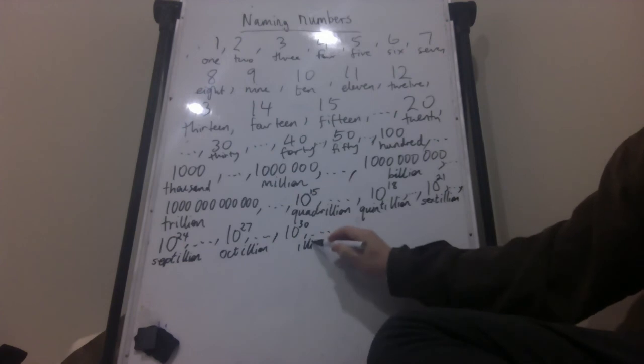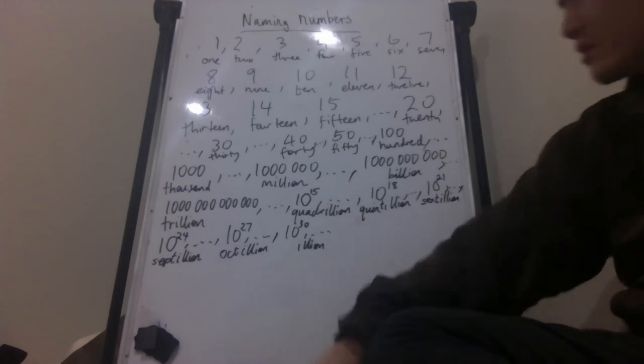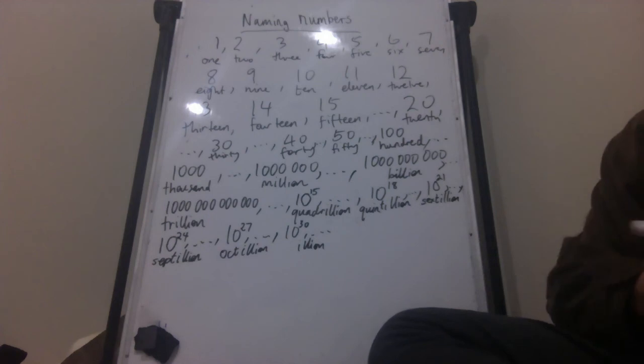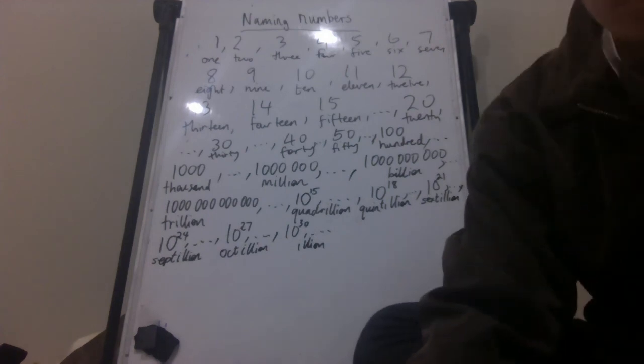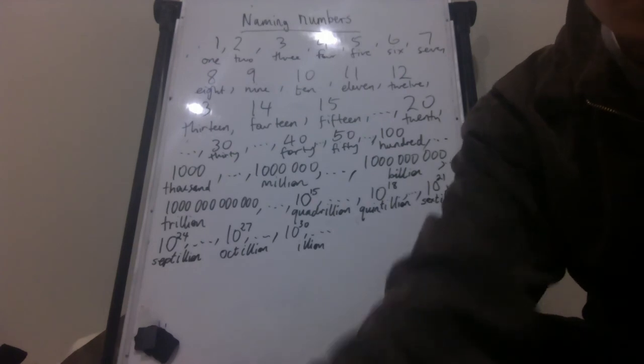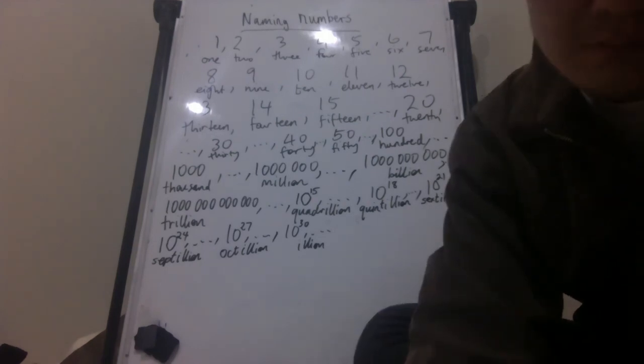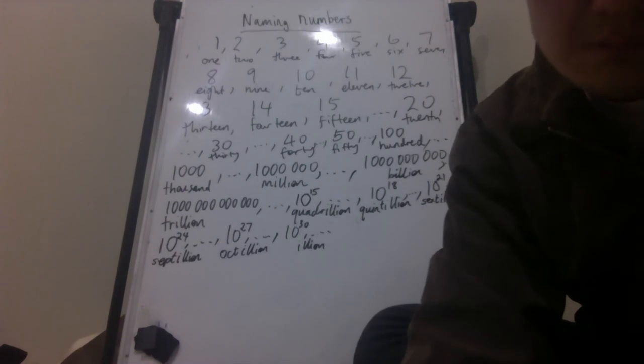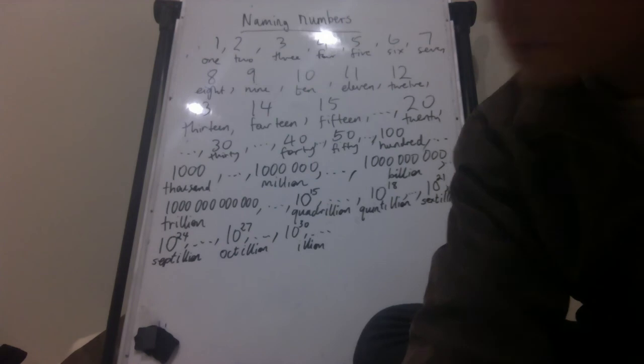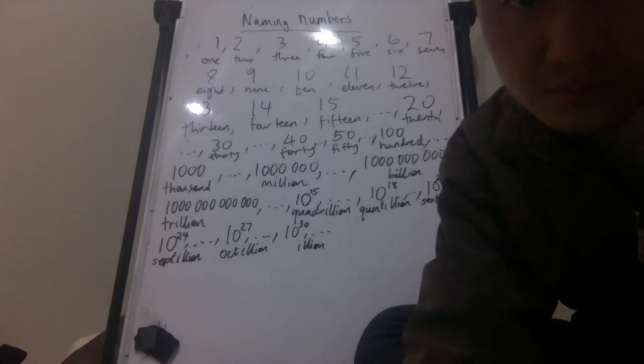So can you tell me what should go here? I have an idea. Maybe septillion can be like several billion.